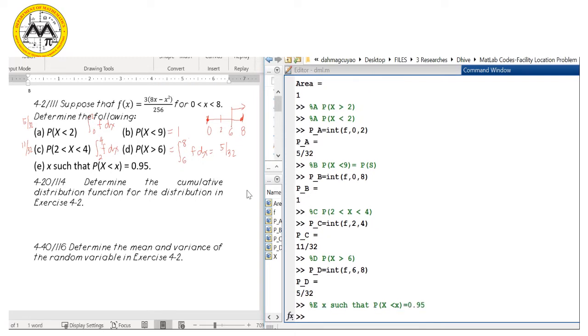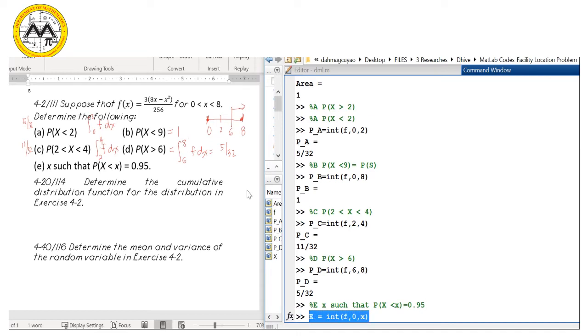So let us have first E to be equal to the integral of f. It would be less than x, so it would be from 0 to x. So we're going to integrate f from 0 to x.